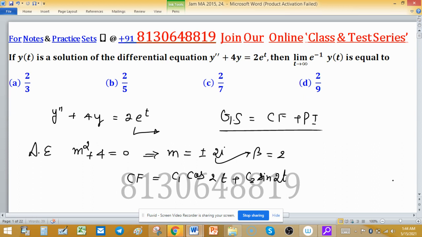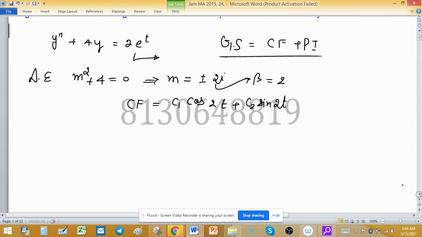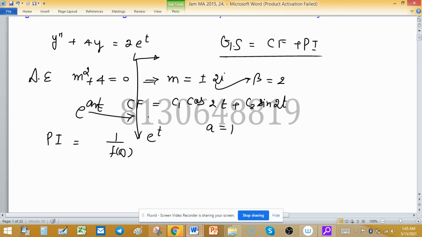Now find a particular integral for this differential equation. So the particular integral will be 1 upon f(D) times the right hand side. The right hand side is of the type e raised to the power ax, or in terms of t, e raised to the power at. Here we have e raised to the power t, and the value of a is 1.